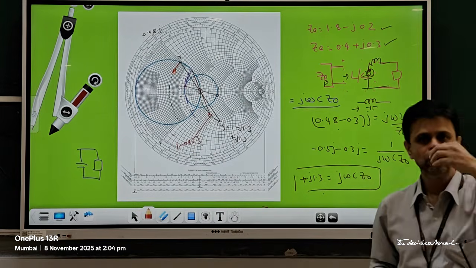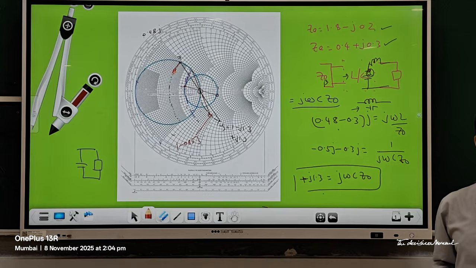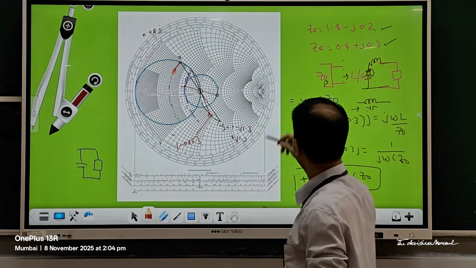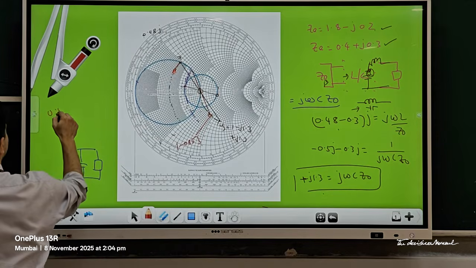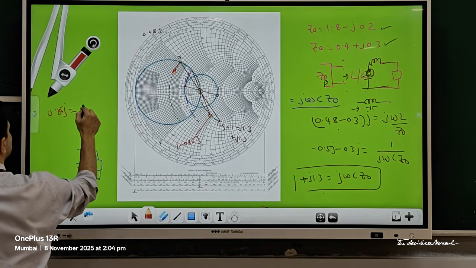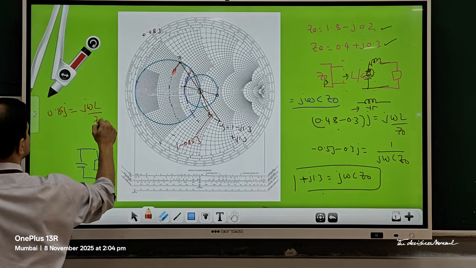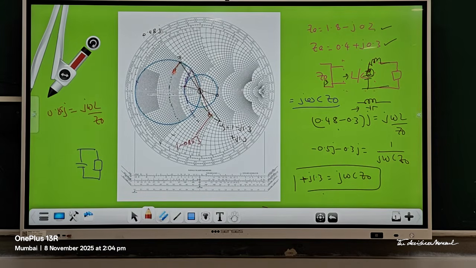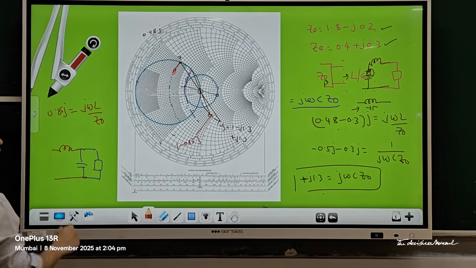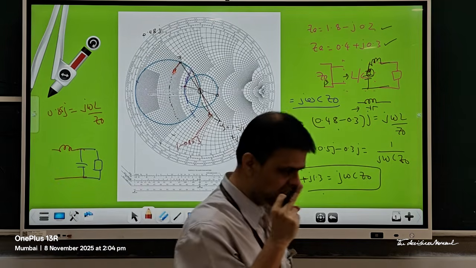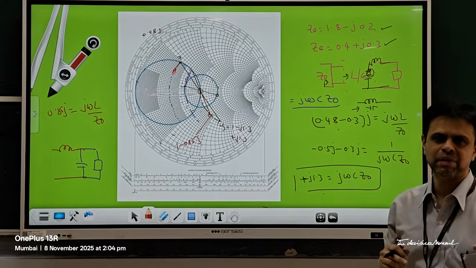Okay, so what do you need to do? You need to add plus 0.85j now in series. Why? Because you are on the impedance domain. So you add plus 0.85j in series, which is equal to j omega L by Z naught. So you are going to have a series inductor as the next element for the impedance matching.